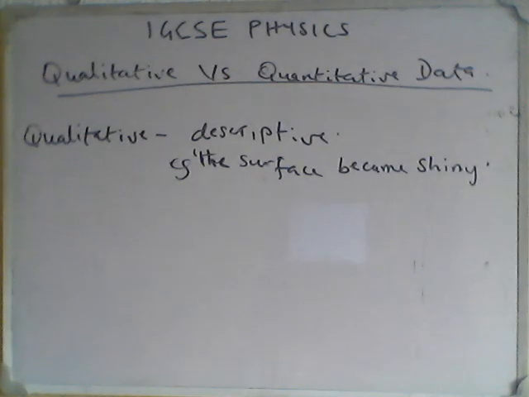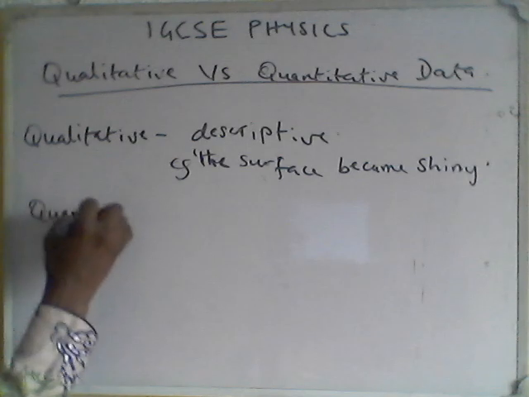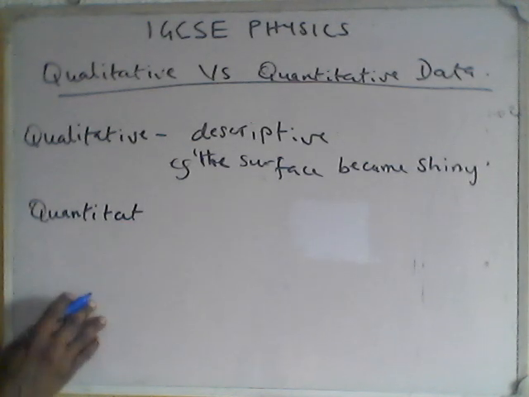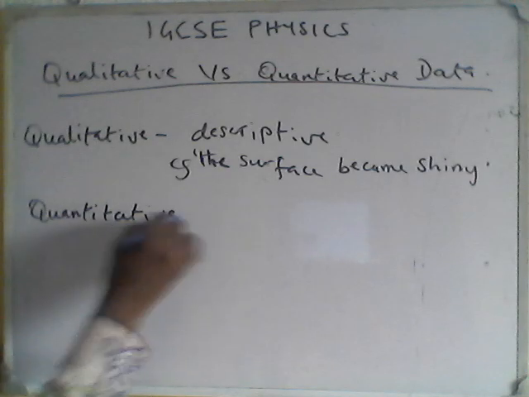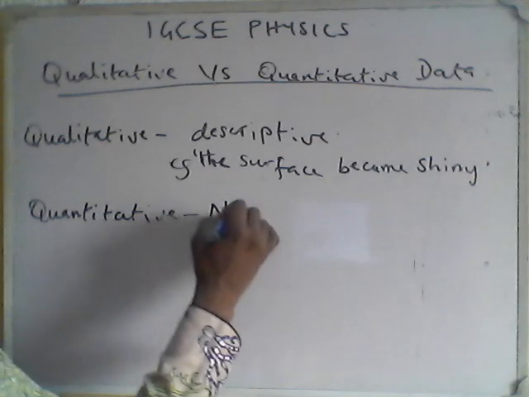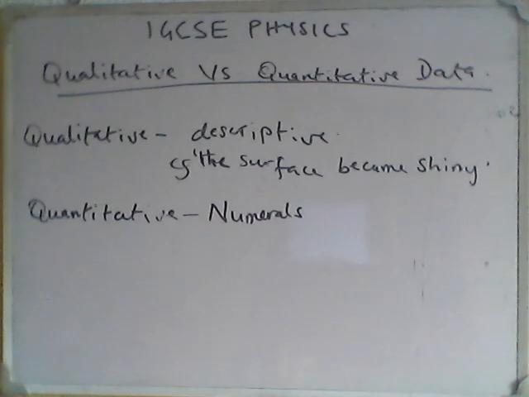Okay, so that's qualitative. But for quantitative, all right, we are looking at numericals. We're looking at numbers. So in physics or sciences you have to have numerical strength, mathematical strength, and also descriptive strength.